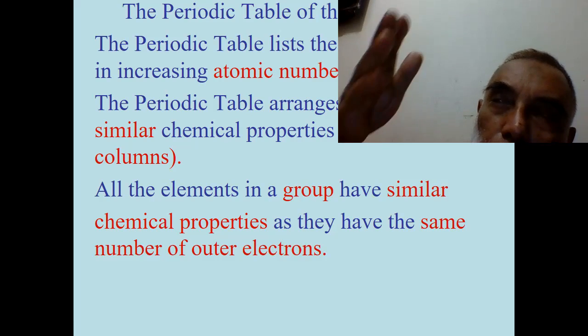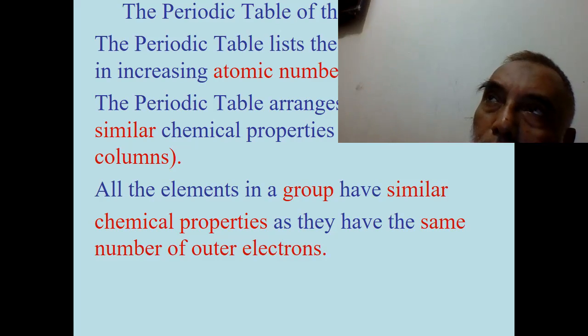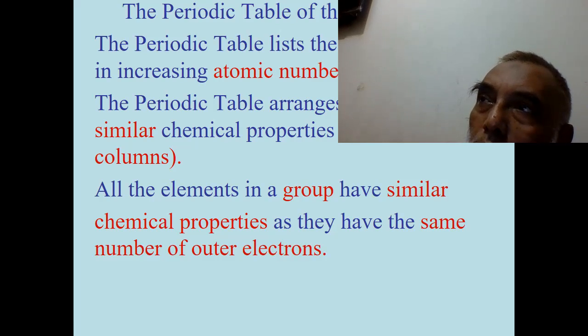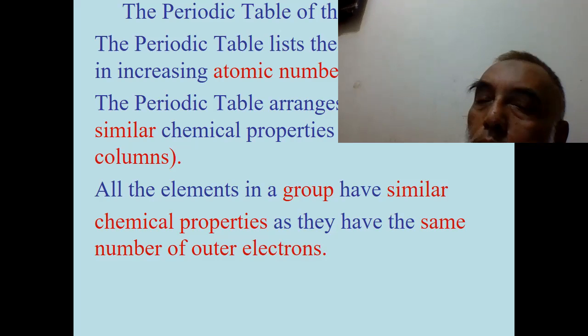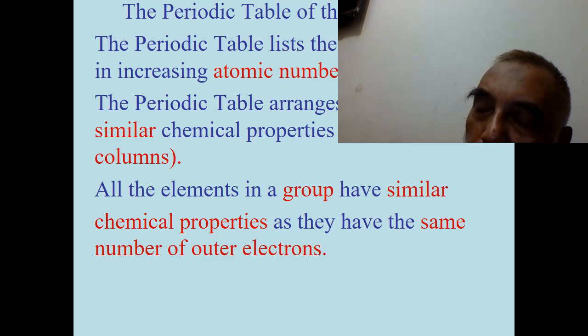The elements placed vertically are said to be in a group, and those kept horizontally are known as periods. The horizontal arrangement of elements in the periodic table is known as periods.